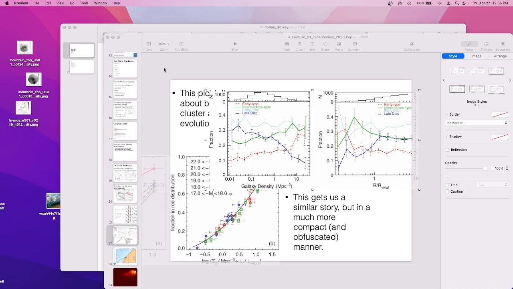Then the other bit with that last problem: the total X-ray luminosity is going to go like the density of electrons squared times some stuff. So I can use this to get rid of the density of electrons, because that's the hard part. 3D density is very, very difficult to measure. But I have this nice sensitive probe of the 3D density.